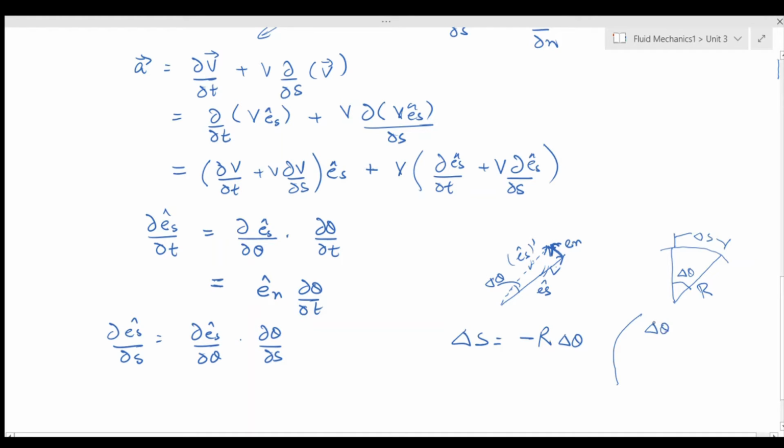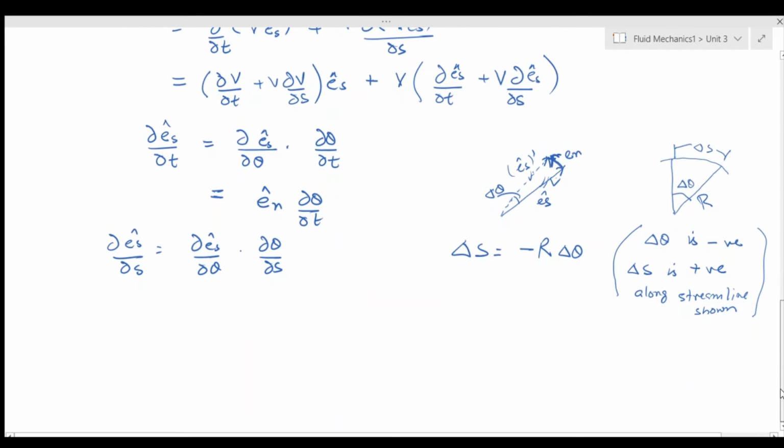I have taken by convention such a way that del theta is negative and del S is positive along the streamline which I have drawn above, the green figure. So this is my convention.